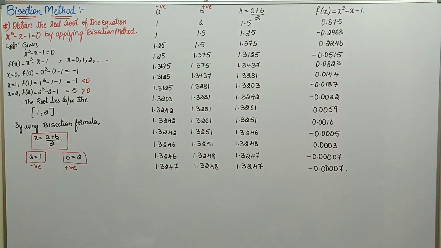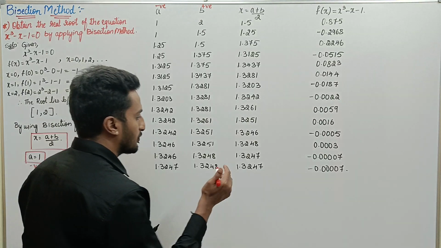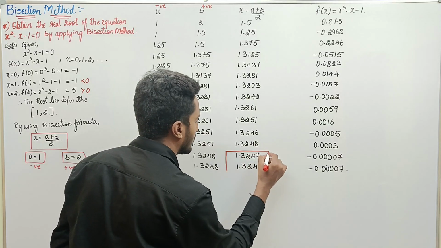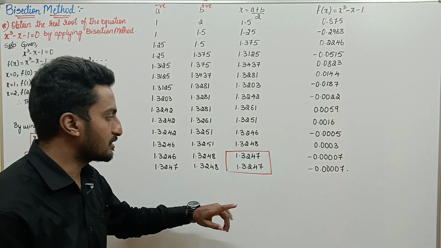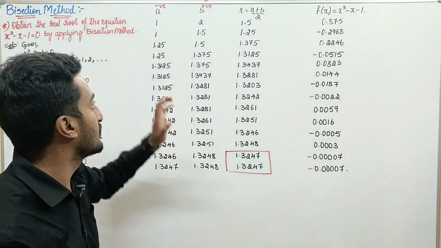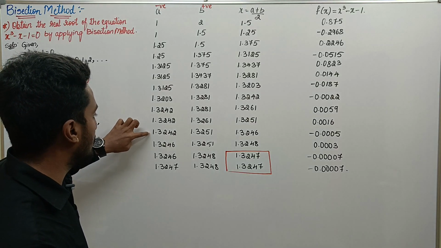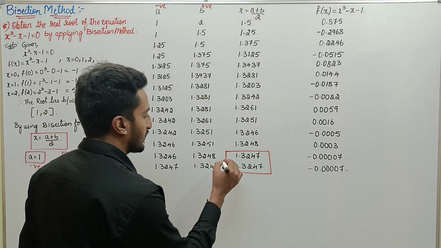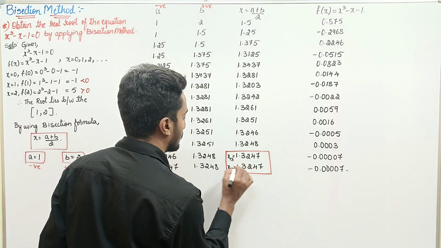See, after this many approximations you got the exact value for the approximate value of x, that is 1.3247 and 1.3247. Always remember, the last approximation and the one above it should be the same. 1, 2, 3, 4, 5, 6, 7, 8, 9, 10, 11, 12, 13, 14. See, again x13 is equal to x14.